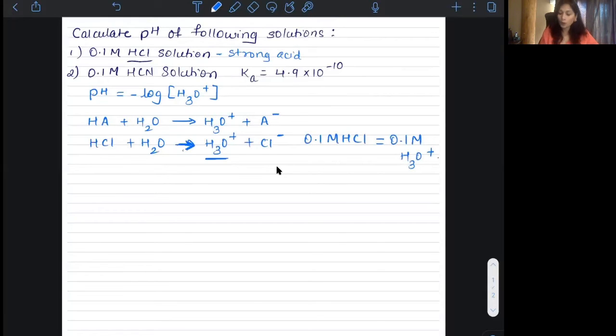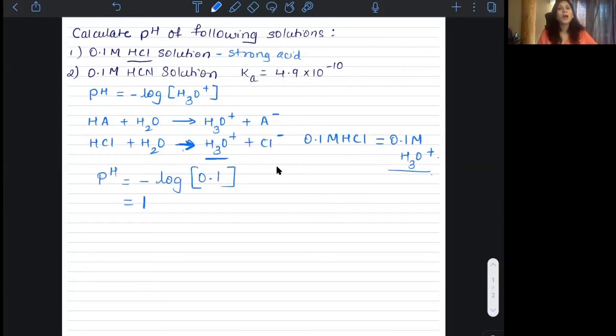Since I know how many hydronium ions I have, I'm going to put it into the formula to calculate pH. This is going to be equal to negative log of 0.1. And when you do the calculations, the pH value is going to be 1 in this case.